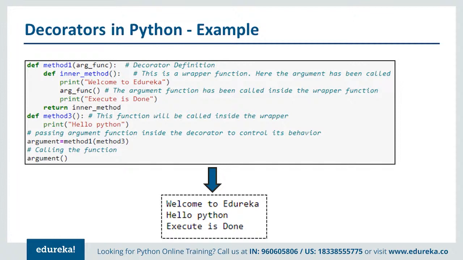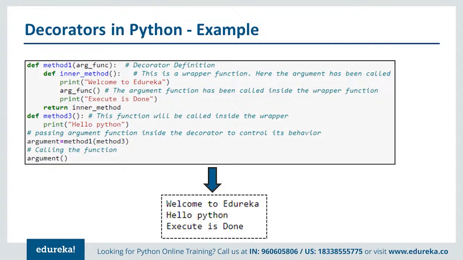So you not only can give keywords or strings or integers or actual values, you can also pass on functions here. Now we have another method called method 3, in which we print simple hello Python. In the calling mechanism, we are saying that argument is equal to method 1 with a particular argument called method 3.